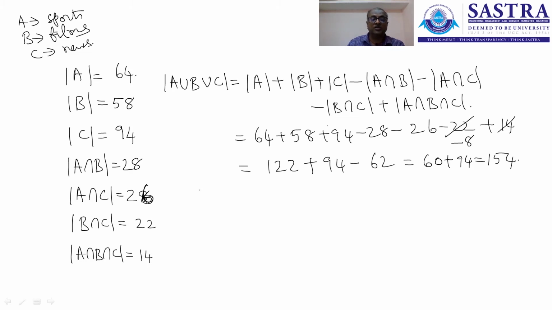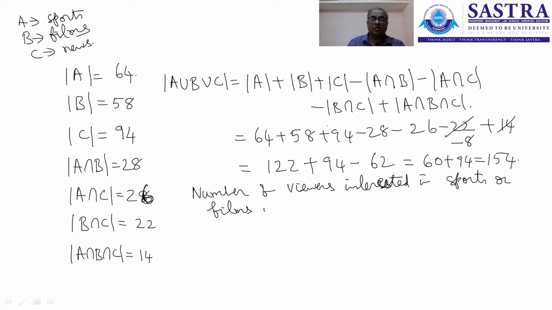So in this case, the number of viewers interested in sports or film or news is 154. What I want is the number of viewers not interested in any.